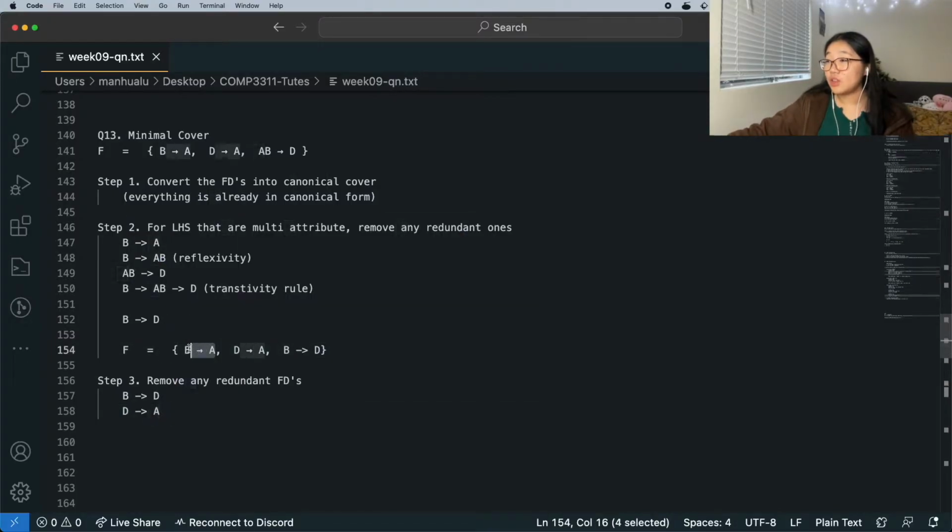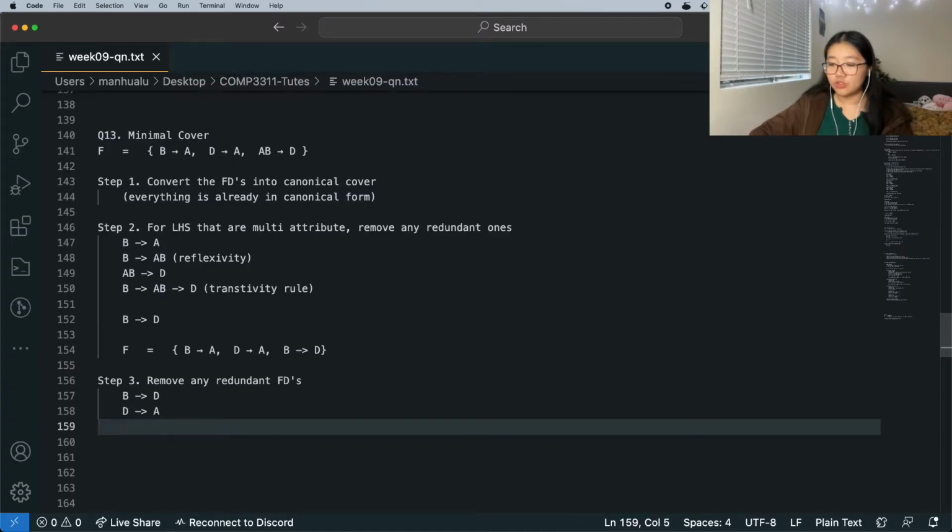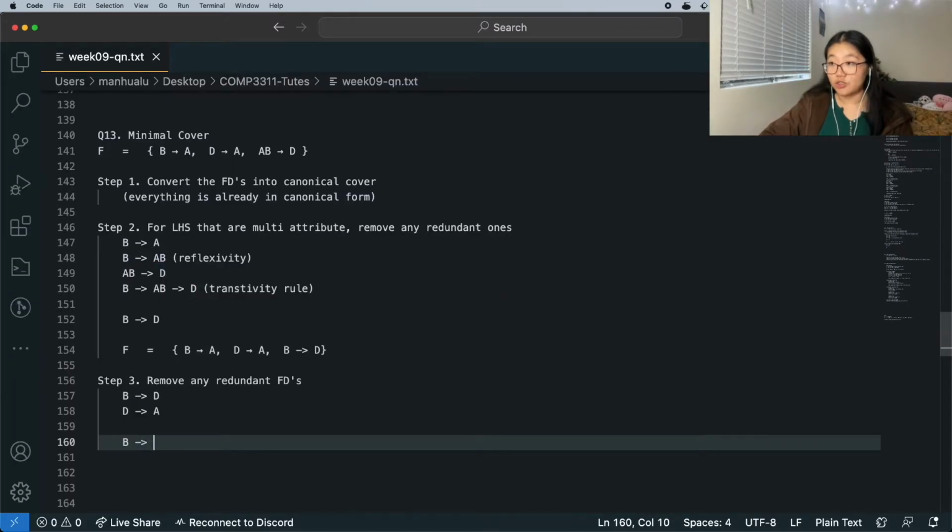But you've got B gives you A as well. So from these two, you can use the transitivity rule, and you can say that B gives you D, D gives you A.